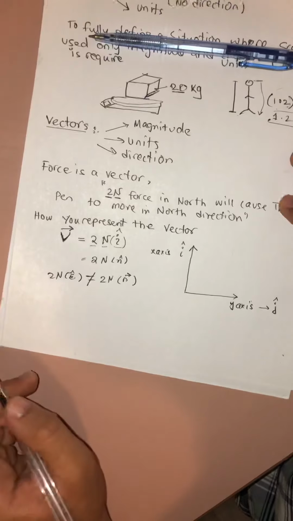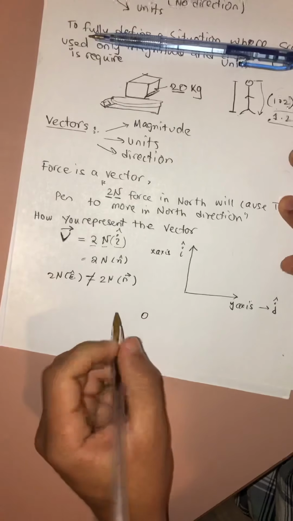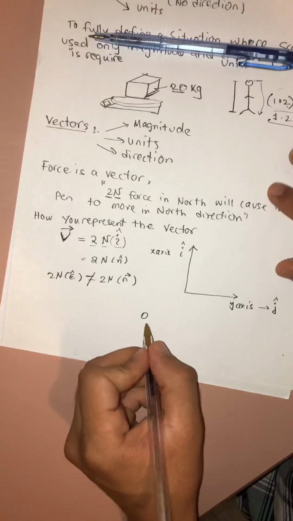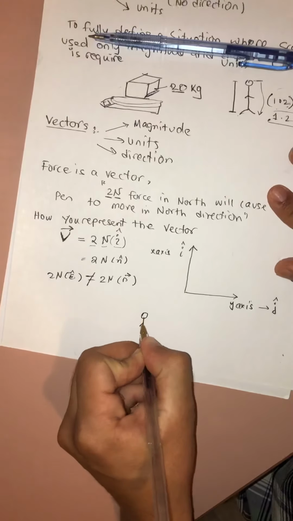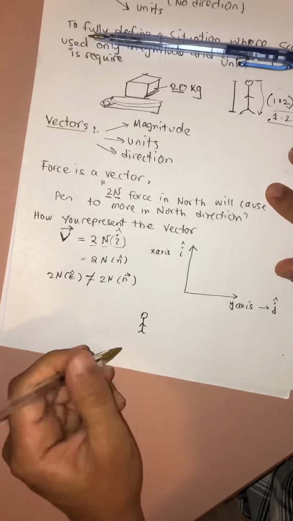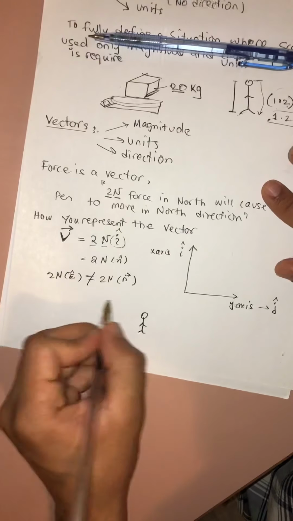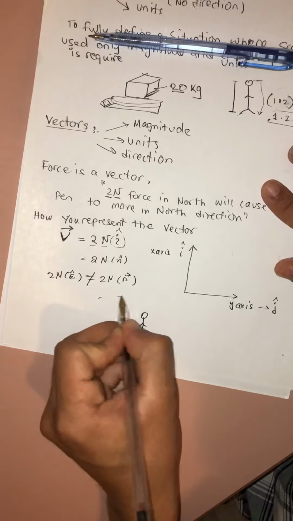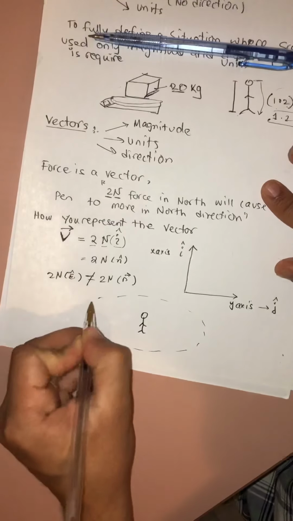There is another example which we call displacement, which is also a vector quantity. Why is displacement a vector quantity? For instance, consider that you are in the middle of a circle.